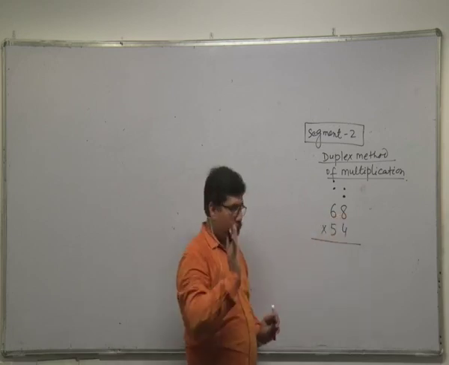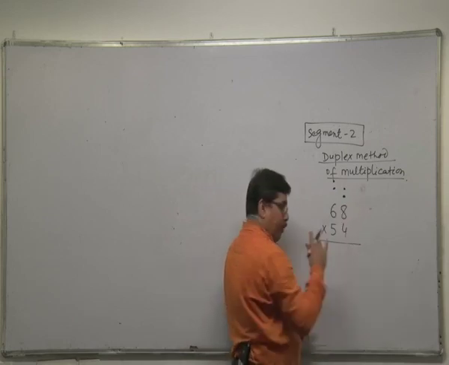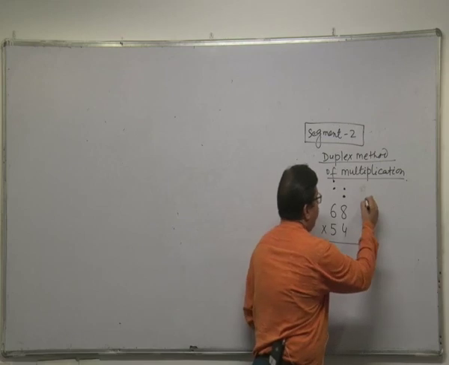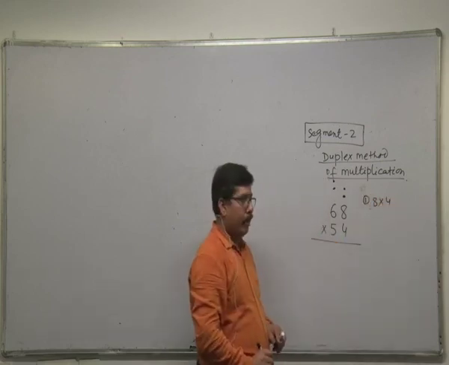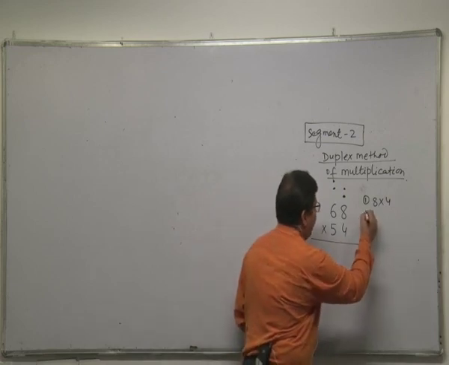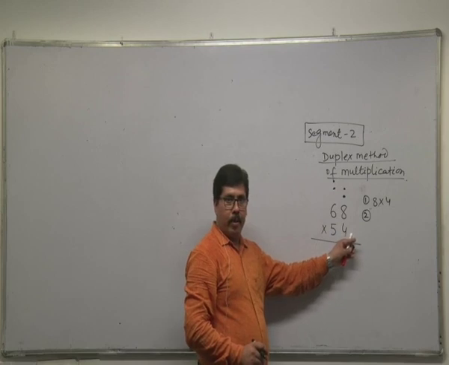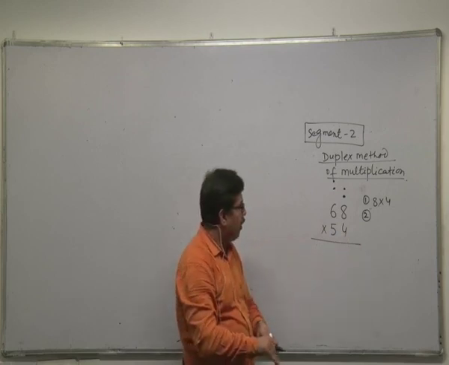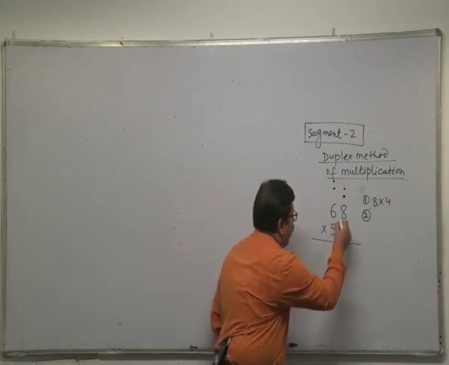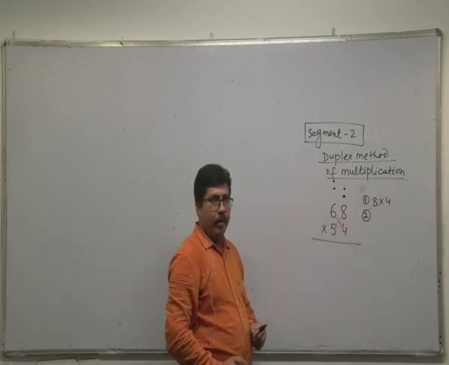Right? So step number 1, consider the digits 8 and 4, that is, one at a time. So step number 1 is 8 into 4. Step number 2 is 2 digits at a time, that is, 6, 8 and 5, 4. It means we need to do the cross multiplication, right? So 8 into 5 and 6 into 4, right?